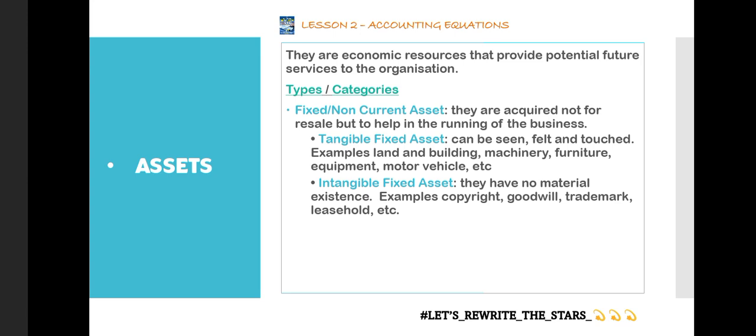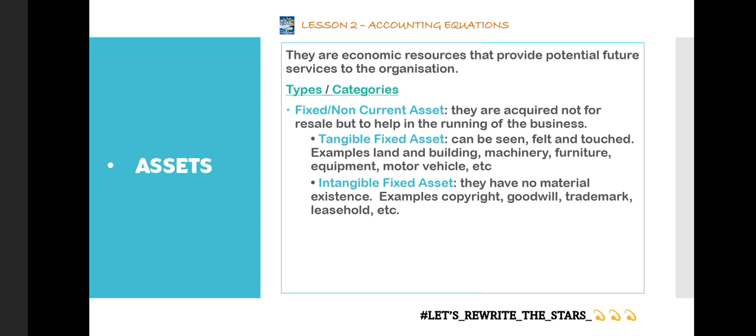And we have types or categories of assets, and we have two main types. We have fixed assets or non-current assets, and then we have current assets. But we will tackle the fixed or non-current first. Fixed or non-current assets are acquired not for resale, but to help in the running of the business.